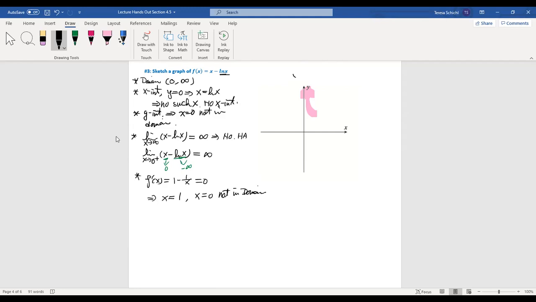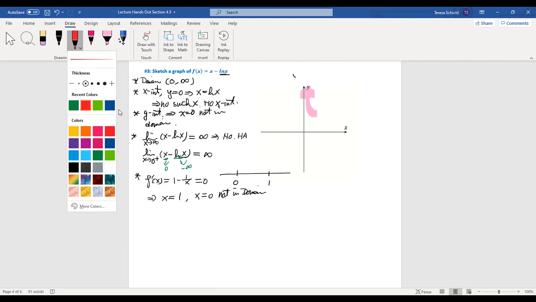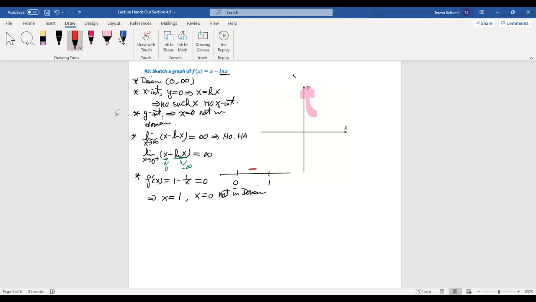Okay, now let's see what my function is going to look like. 0 is not defined, so 1 is here. For everything less than 1, 1 minus x is going to be negative.